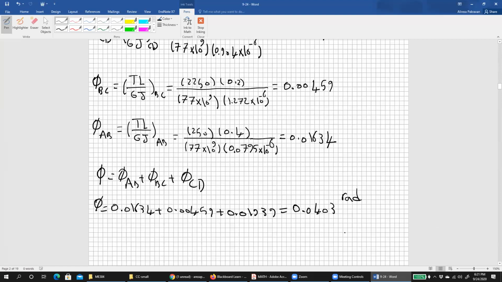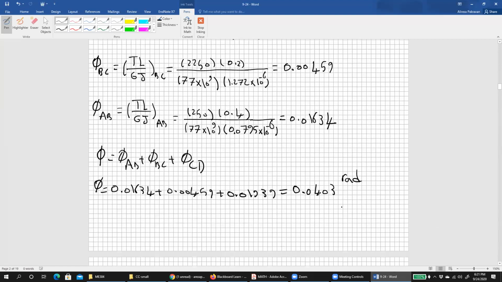This is okay if you are asked to show the results in radians. But if you're asked to show the results in degrees, there's one more thing. I will not ask you about that.